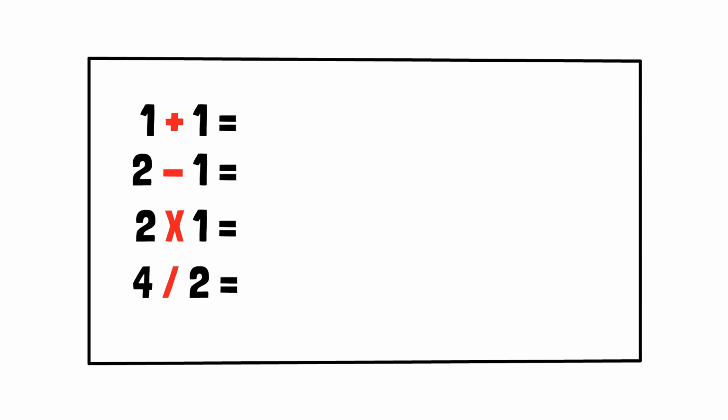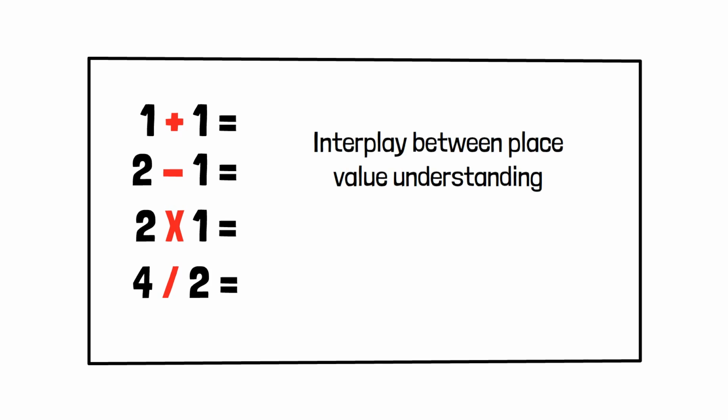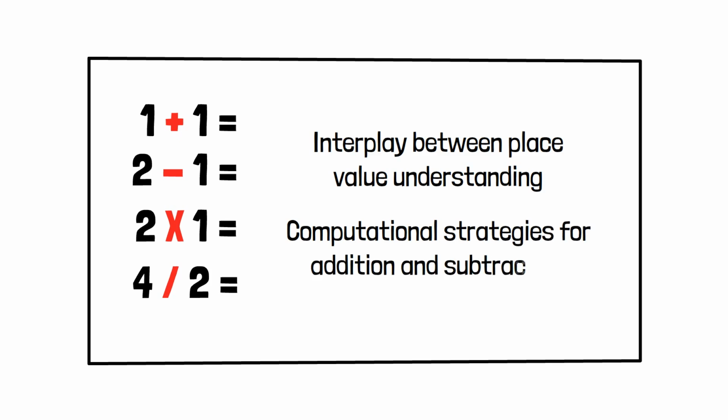One crucial aspect of developing this fluency is the interplay between place value understanding and computational strategies for addition and subtraction. Place value is the cornerstone of our number system, and a deep understanding of it is essential for performing operations efficiently and accurately.